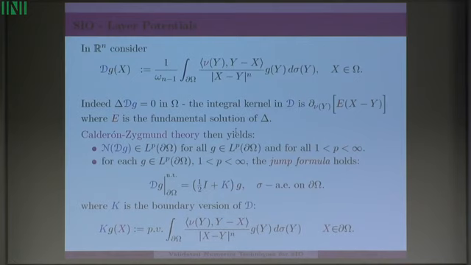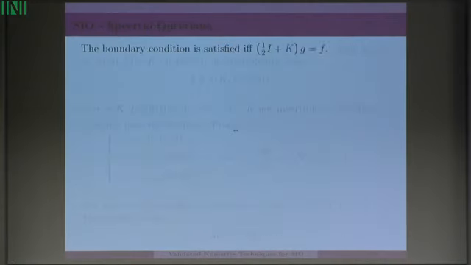So we have a singular kernel. The boundary value of our candidate for solution is 1/2 identity plus K applied to g. As long as we match that with the Dirichlet data f, we solve the problem.